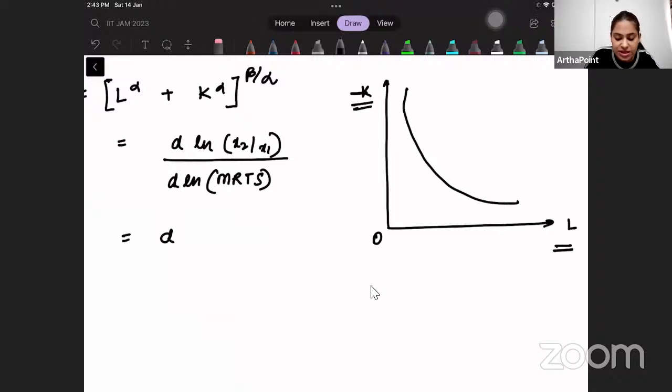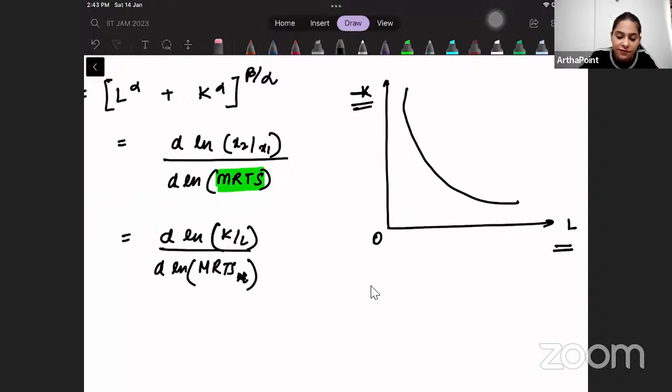So this is d ln K by L. But when you find MRTS, this is x1, x2, which means upon d ln MRTS of L, K. When you write this MRTS, it will be marginal product of labor by marginal product of capital.